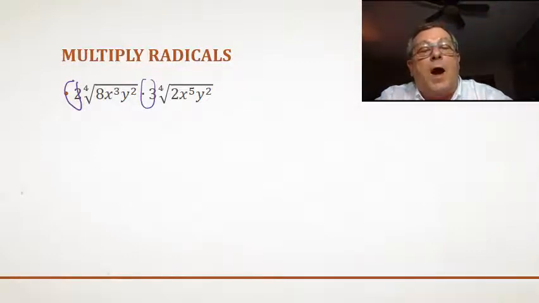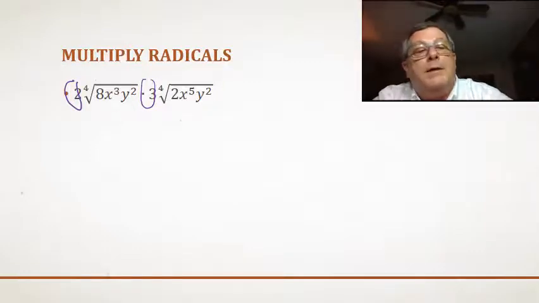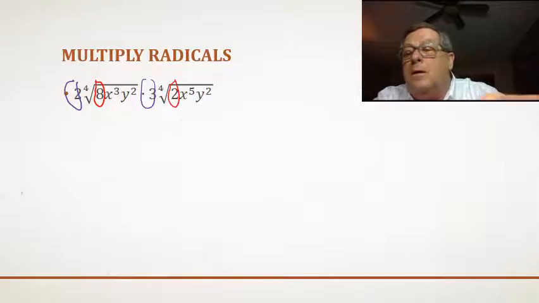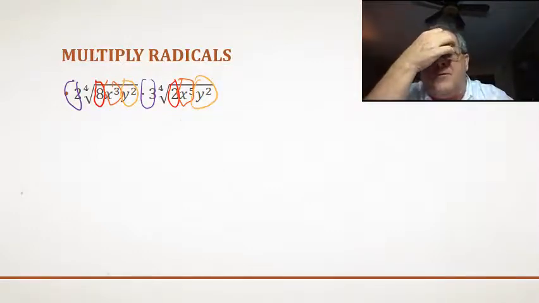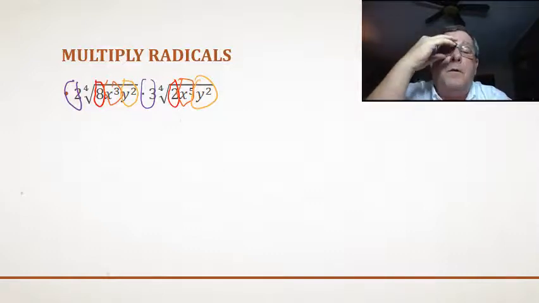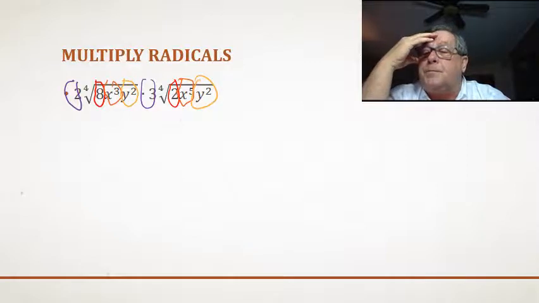And then under the radical, I'm first going to multiply each like term. So I got the 8 and the 2. And then we got the x cubed times the x to the 5th. And then we'll finish this part off with y squared times y squared. Then once we do that, we're going to look under the 4th radical. In this case, it's a 4th root, and see if we can simplify further.